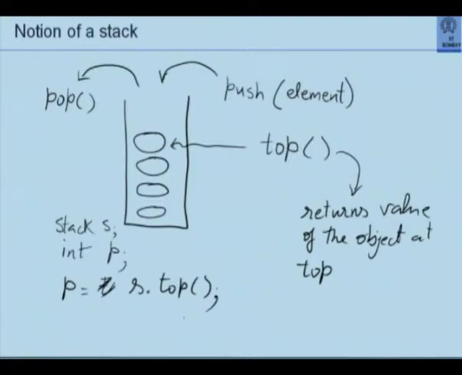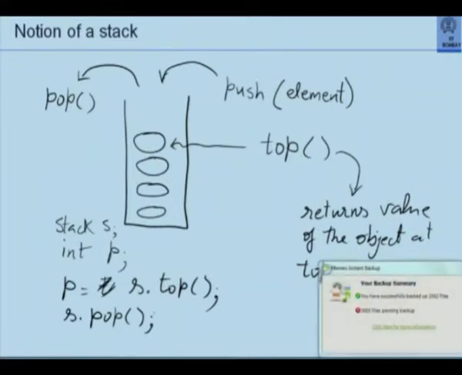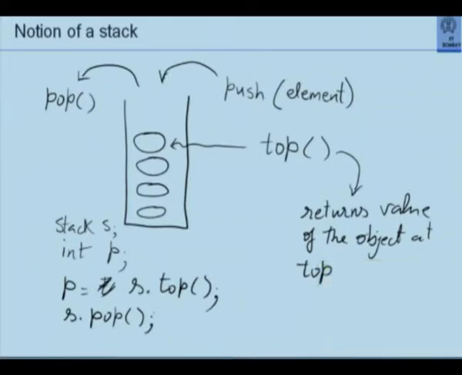So assuming that there is an existing element on the top of the stack, this will get you that value in p. And then immediately you say s dot pop. So when using the standard template library, you have to use this combination always to get out something and also have a value. While pushing, there is a single function, push.